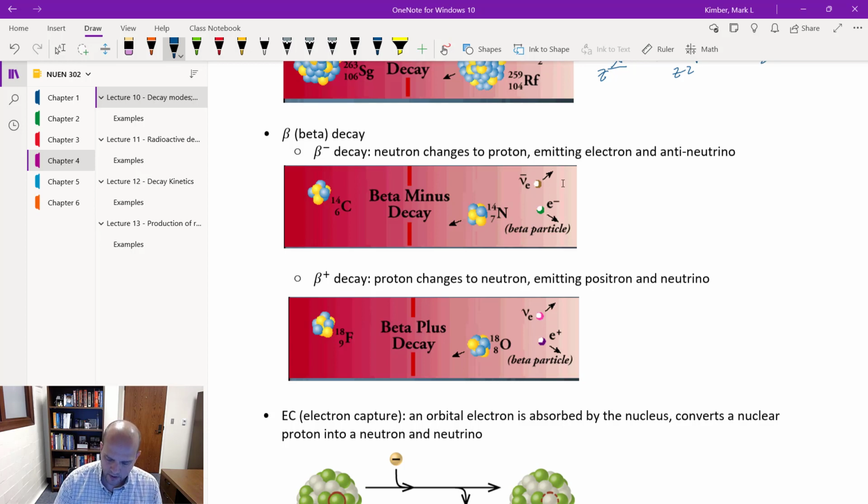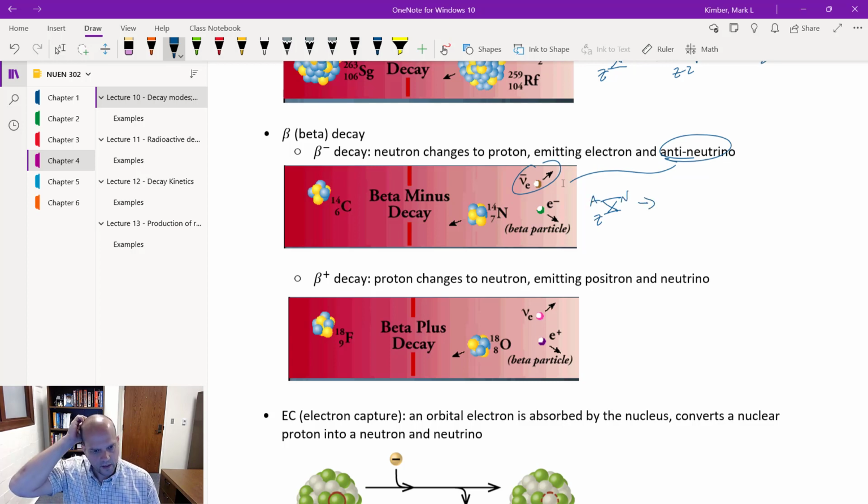So here's my antineutrino here, and so what this looks like from the reaction standpoint, I've got my parent, and that's going to experience a beta decay.